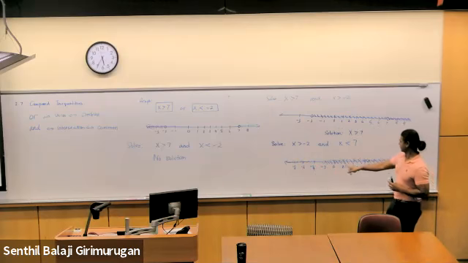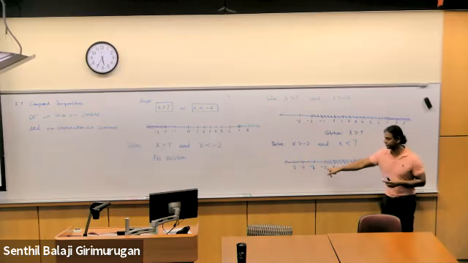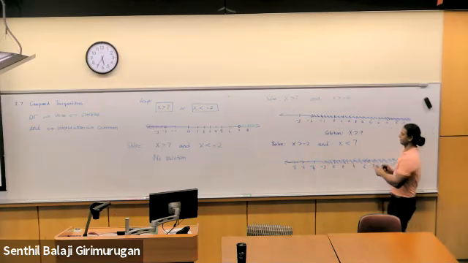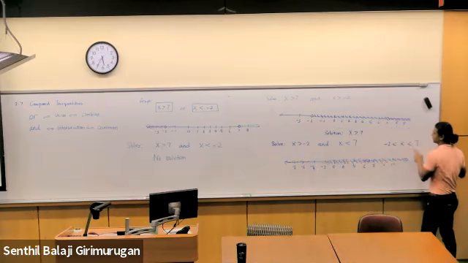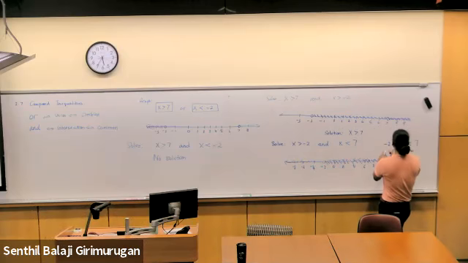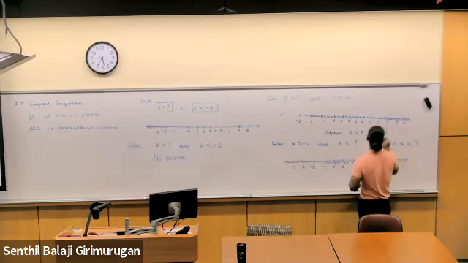In between. Should I include -2? Should I include 7? No. So if I have to write this, I would say all values of x are in between -2 and 7. Does that make sense? So x values are between -2 and 7.